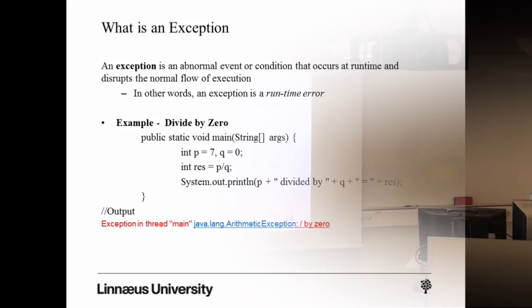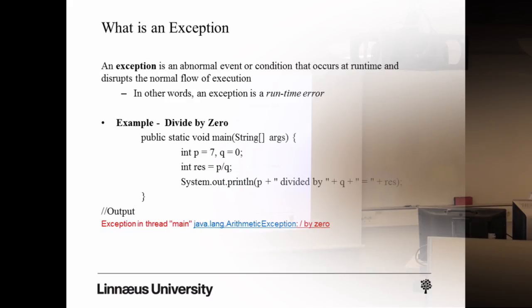So in simple words, we can say that it's an abnormal event or condition which could happen at runtime. The important thing is that exceptions happen at runtime. They are not syntax errors or compile time errors.